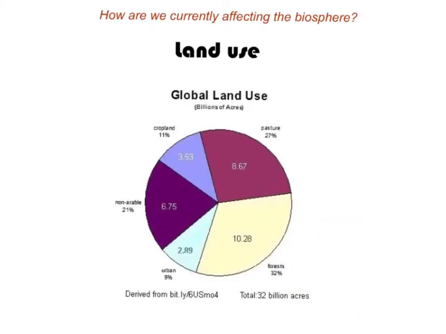One of the most impactful effects that humans have had on the biosphere is land use. Land use is something that has dramatically affected different ecosystems. One of the most disruptive activities humans have on ecosystems is agriculture. It dramatically changes ecosystems. We use about 11% of our land surface for agricultural crops.